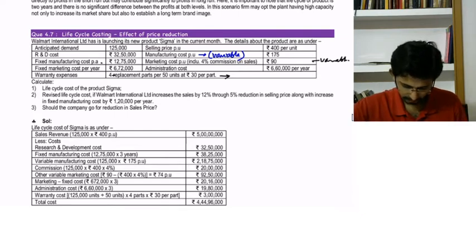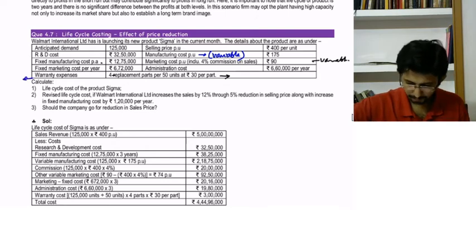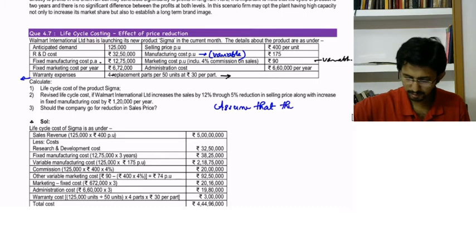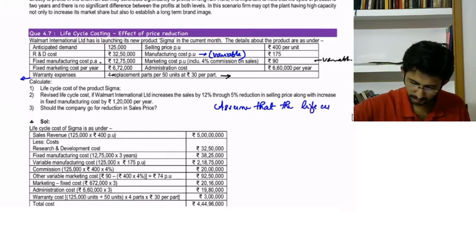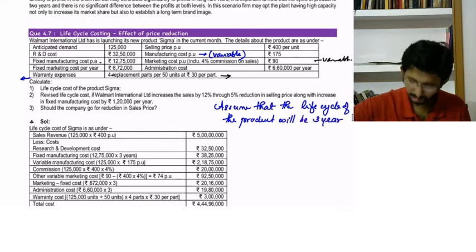a sentence here. Okay, somewhere we will write. Before this you can write: assume that the life cycle of the product will be 3 years.